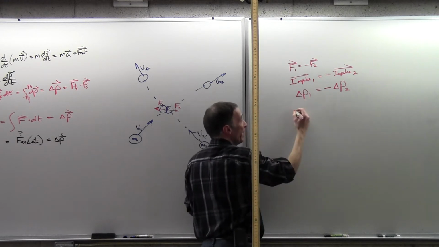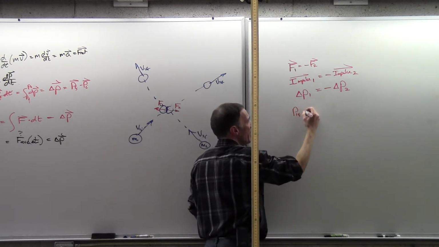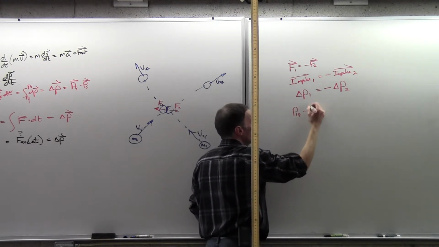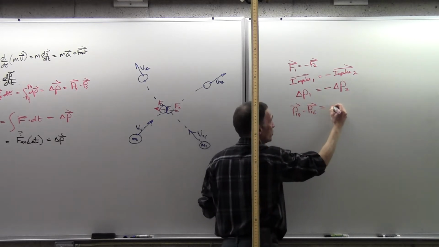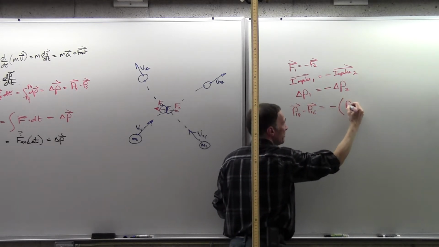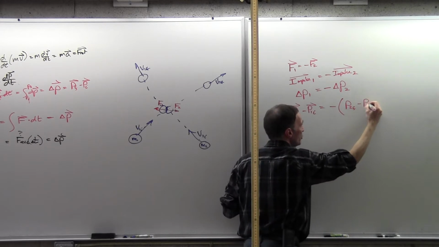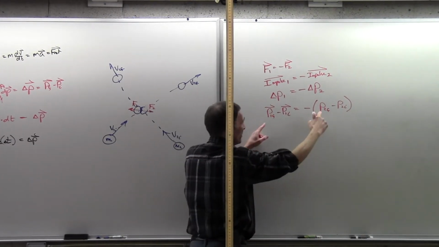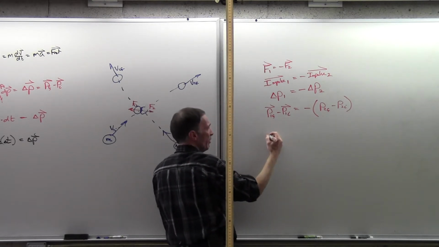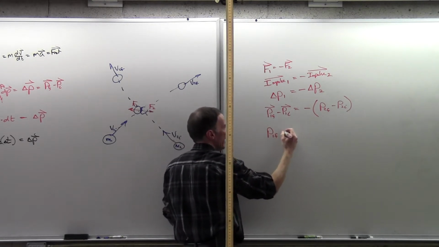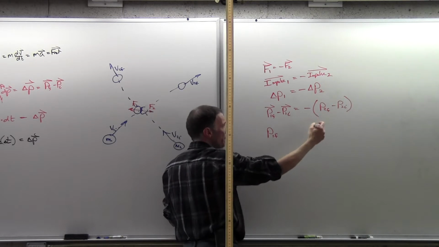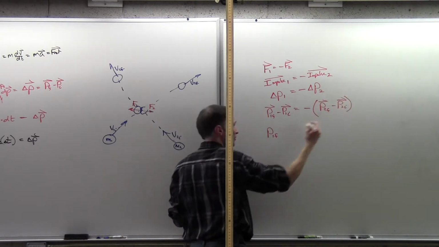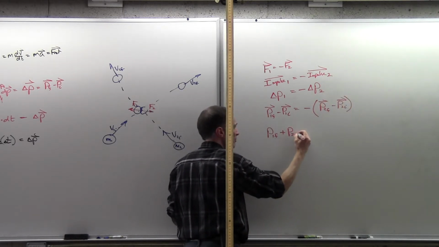Well, change in momentum was P1 final minus P1 initial is equal to minus, this is going to be P2 final minus P2 initial. And playing with the signs, I've got P1 final here, and I'm going to bring this minus P2 final over to the other side. That's going to become a plus P2 final.